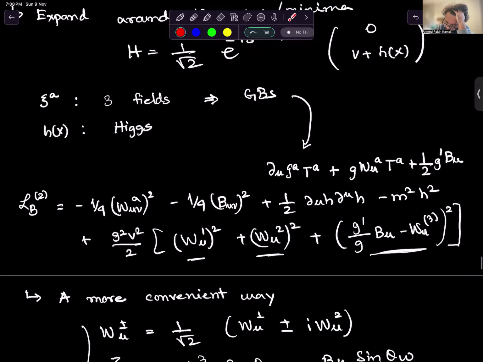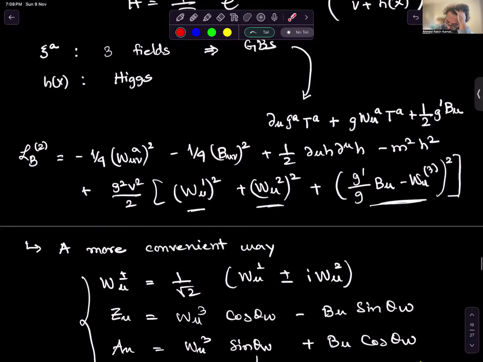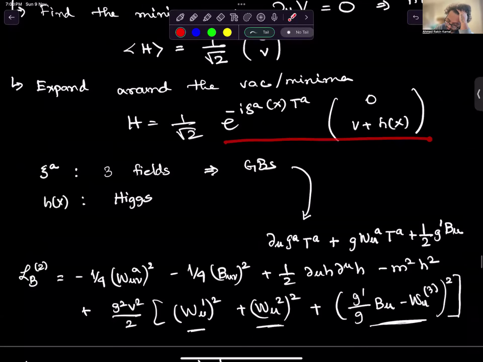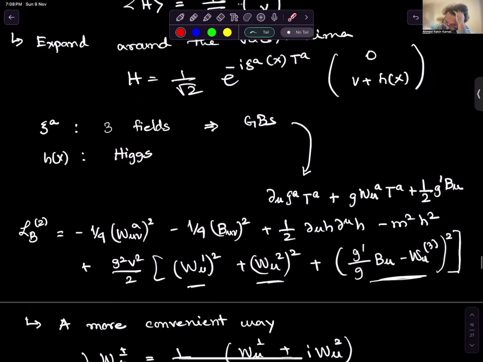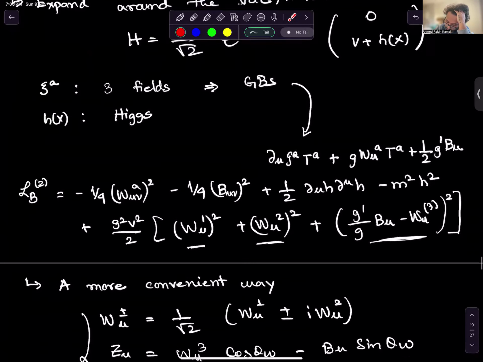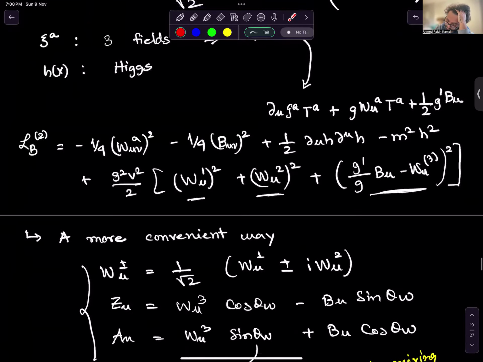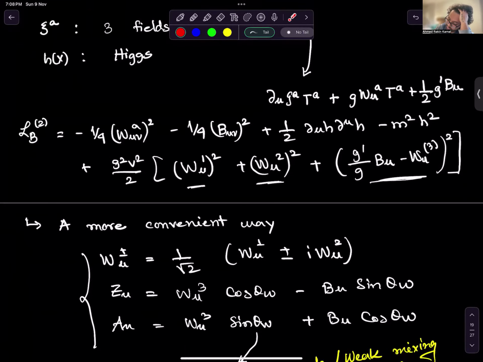Then we plug that in by taking fluctuations around the minimum. We plug that into the Lagrangian, and what happened is that we saw, of course, the familiar massive scalar is there.